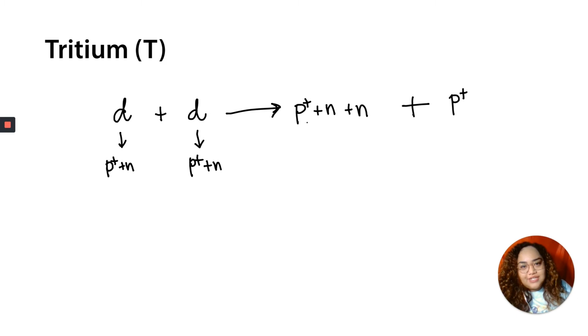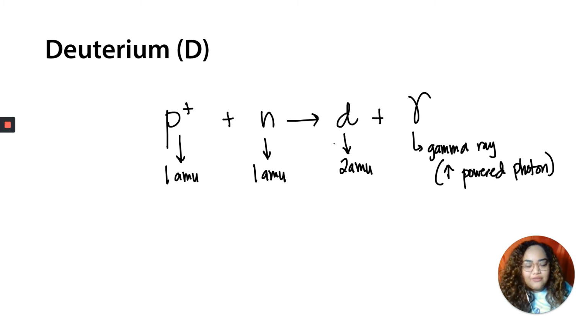So in this case, if you look at your periodic table, let's go back to deuterium. Because it has one proton and one neutron, if it has only one proton, what element is that? Again, if it only has one proton, its atomic number will be 1.